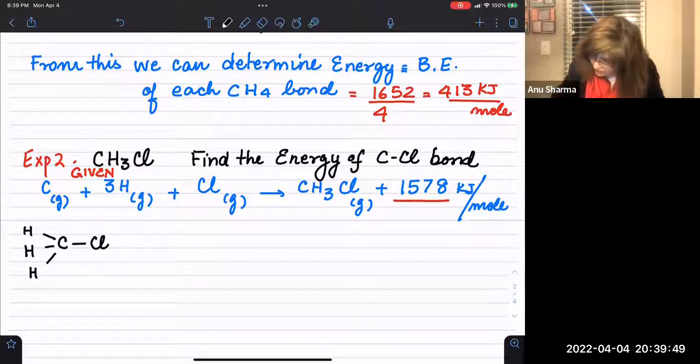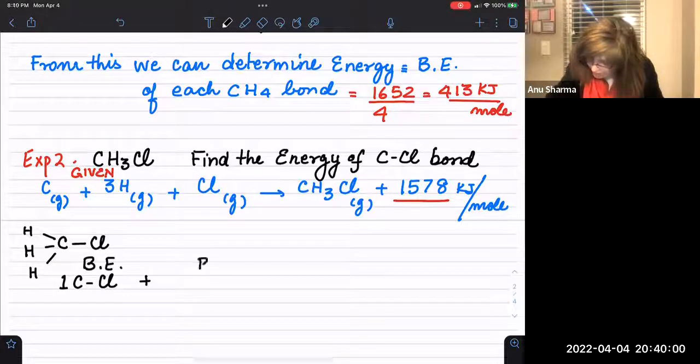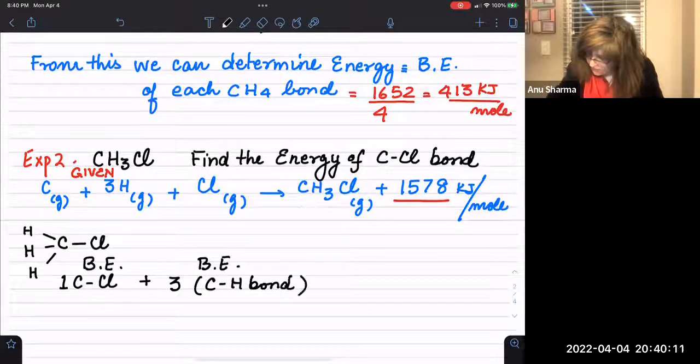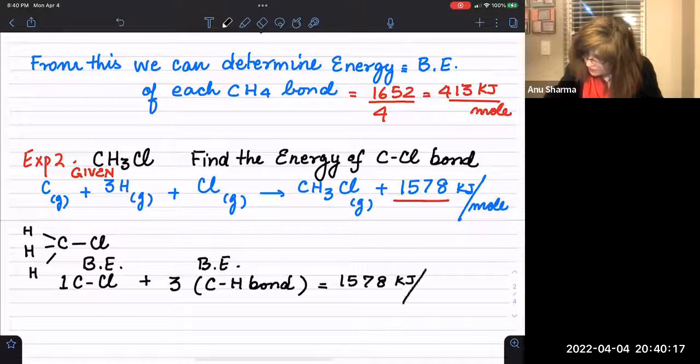So let's write this here. The bond energy of 1 carbon and chlorine bond plus the bond energy of 3 carbon and hydrogen bonds is equal to 1578 kilojoules per mole, for 1 mole.